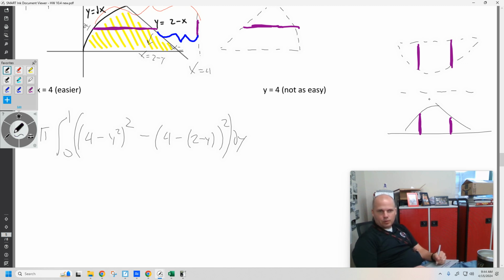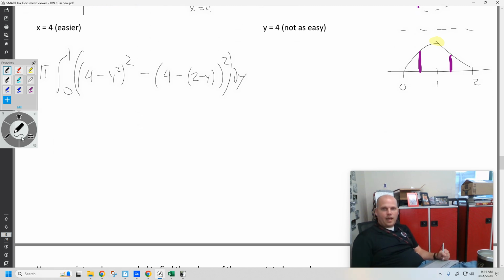I need to pay attention to this intersection, which is at x equals 1. This is going to be at x equals 2. This is going to be at x equals 0. And I need to understand the radiuses. The radius is actually going to be 4 to the outside the entire time.